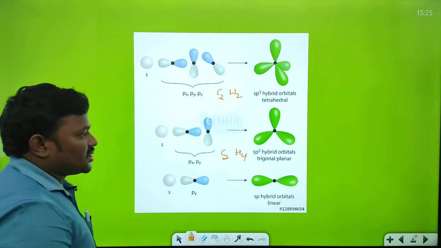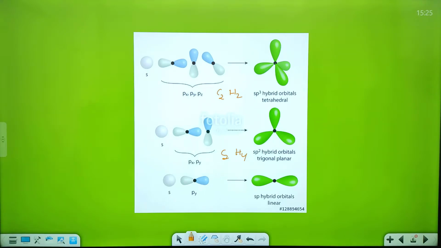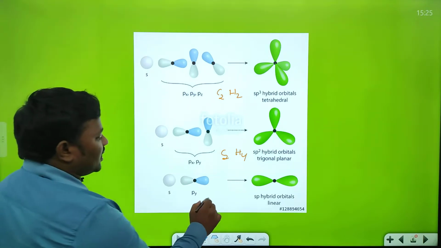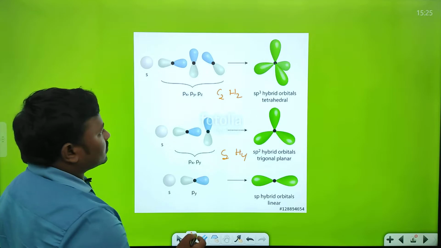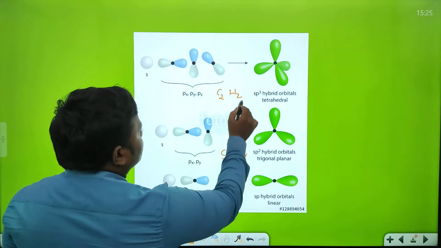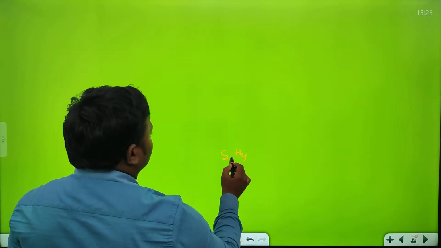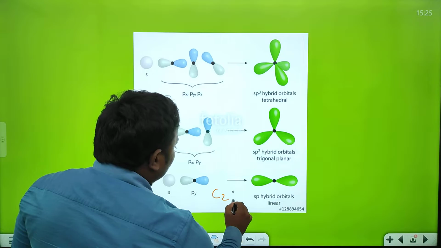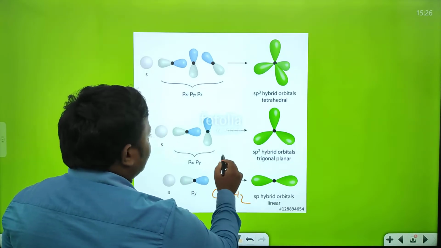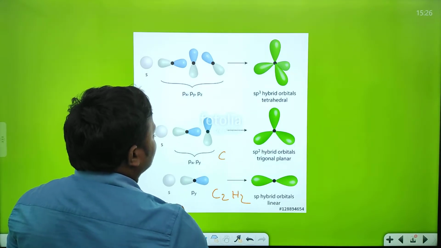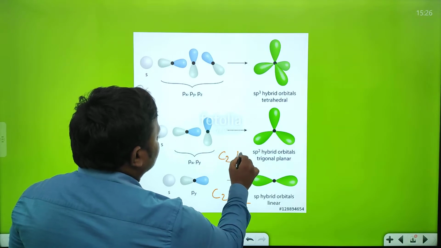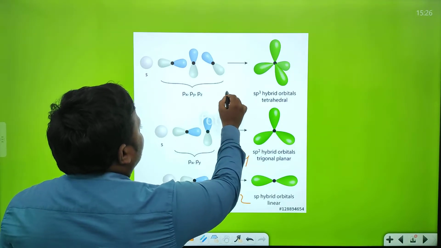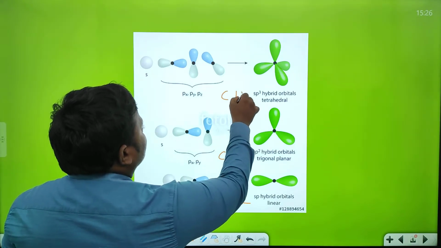C2H4 is the example for sp2 hybridization, and CH4 for sp3 hybridization.